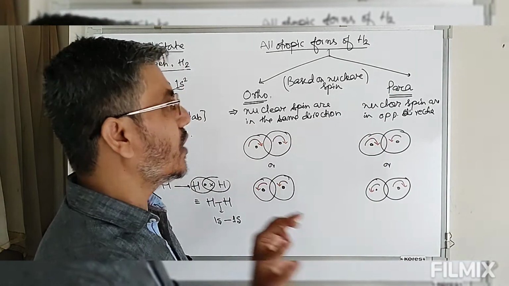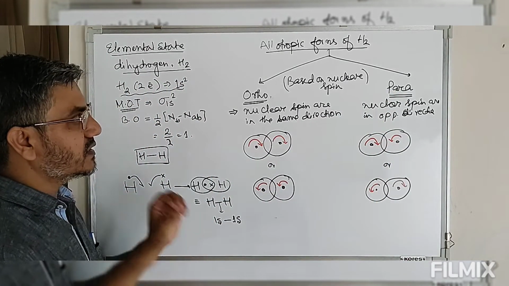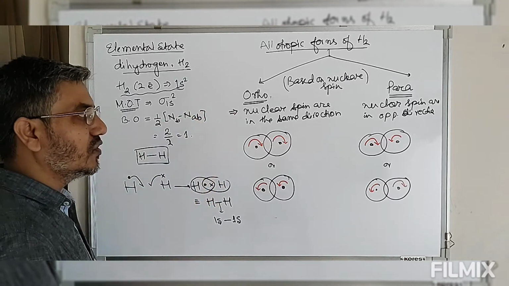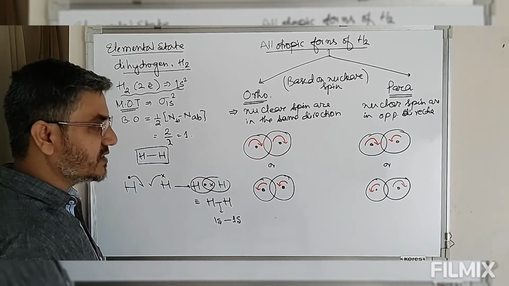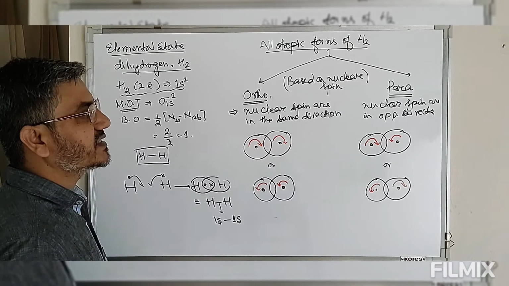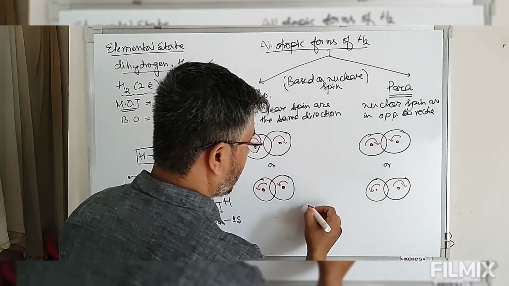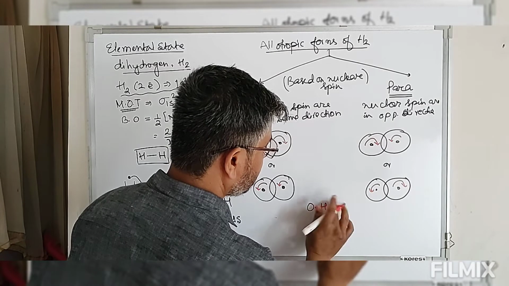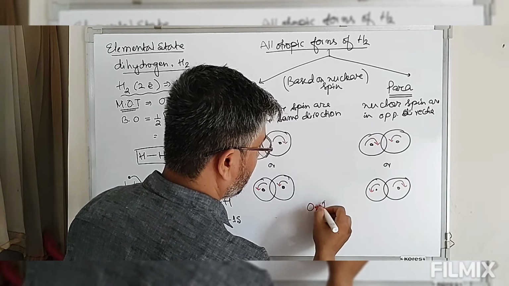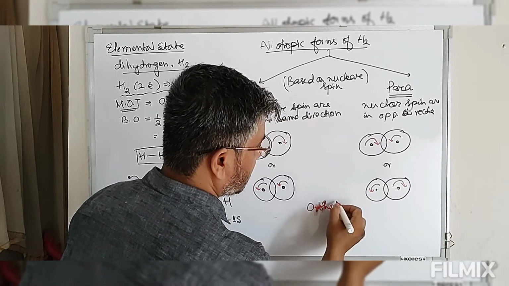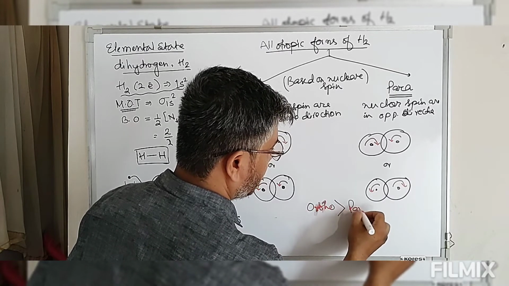In the ground state, the normal state, hydrogen exists in the form of ortho. That means the majority of hydrogen exists in the ortho form. The ortho form is more stable than the para form.